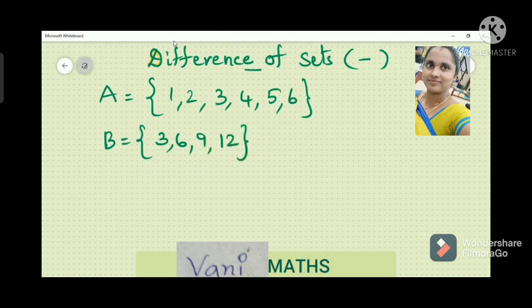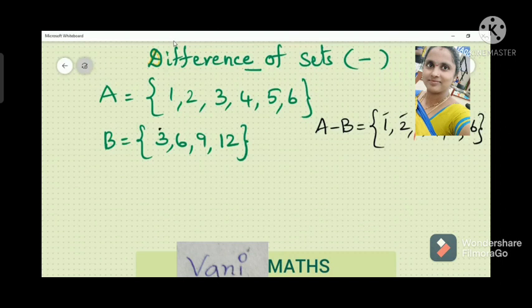Then A minus B will be the elements in A but not in B. Let us write all the elements of A: 1, 2, 3, 4, 5, 6. It should not be in B. Whether 1 is in B? No. So it will be here only. Whether 2 is in B? No. It will be in A minus B. Whether 3 is in B? Yes. So we strike it out.